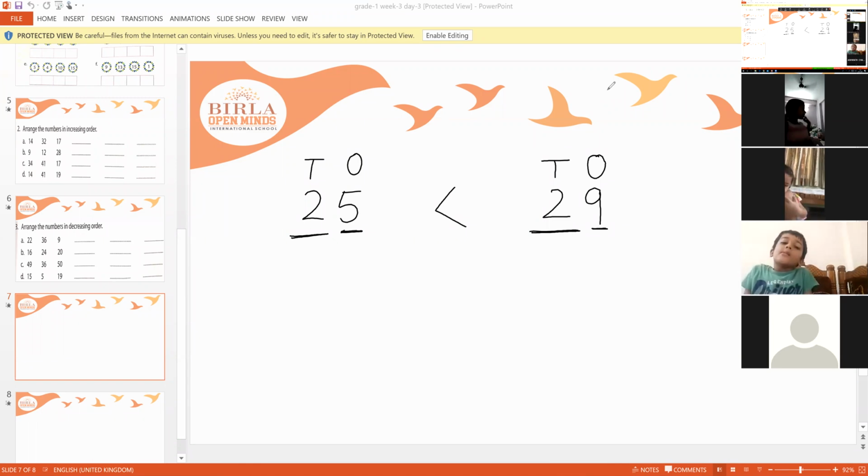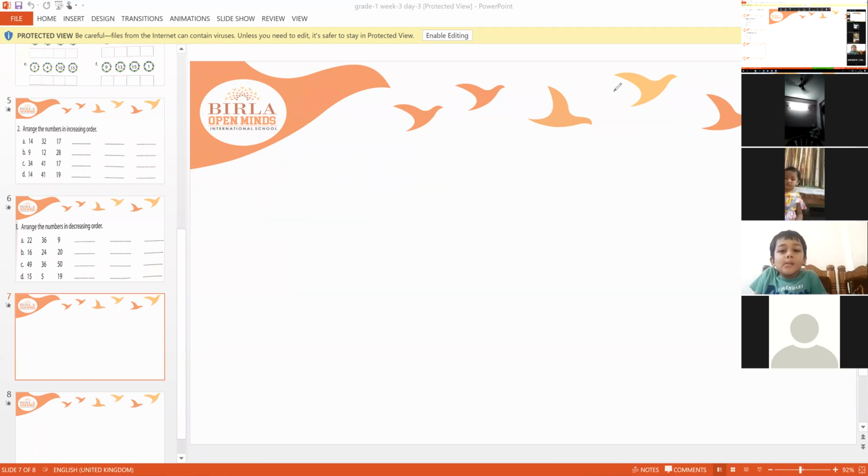Okay children. So if we want to compare numbers having the same value in tens place, we will compare the numbers in ones place, and only then we can tell which number is smaller or greater. Right children? If anyone has any doubt, you can raise your hand.